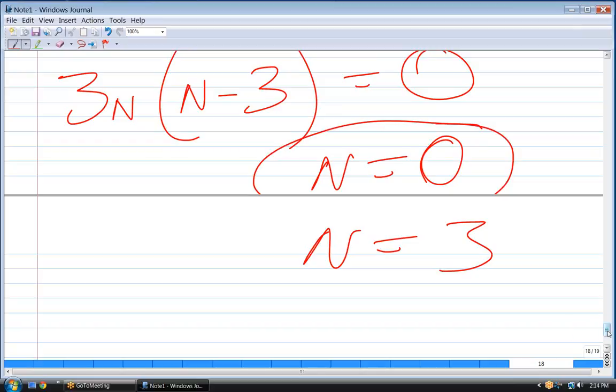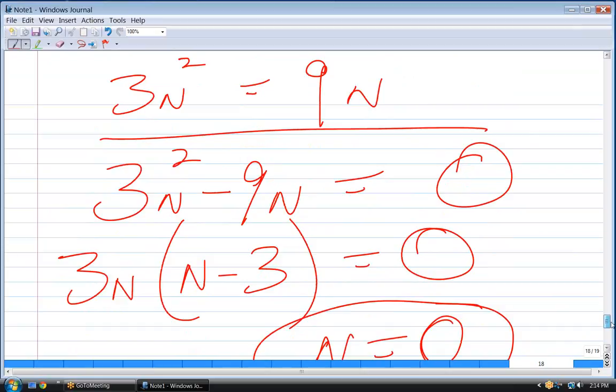And clearly, n equals 0 is a solution. If n is 0, 3 times 0 squared is equal to 9 times 0. So 0 is a very valid solution to this. This is a real easy one to make that mistake on.